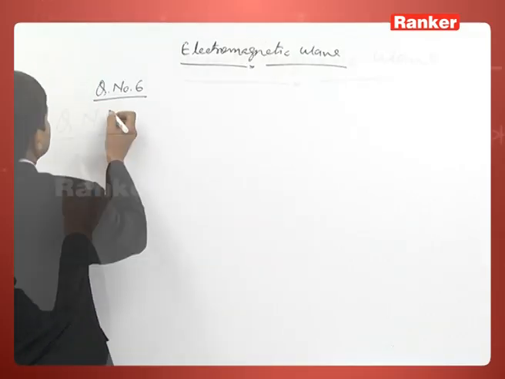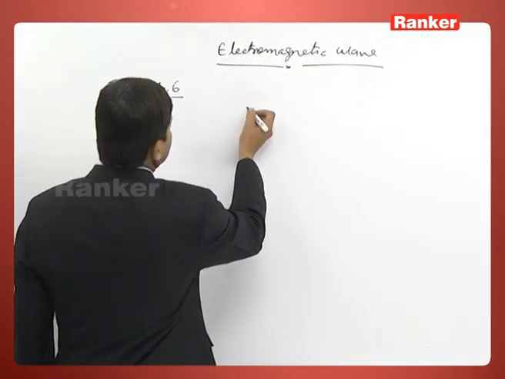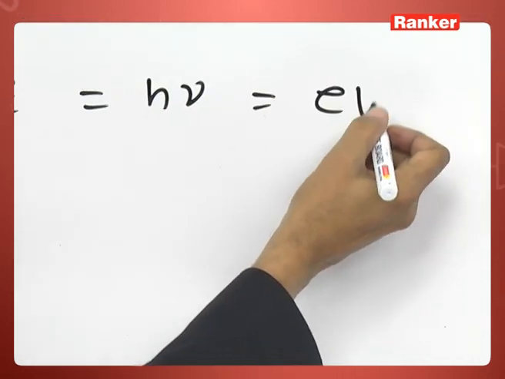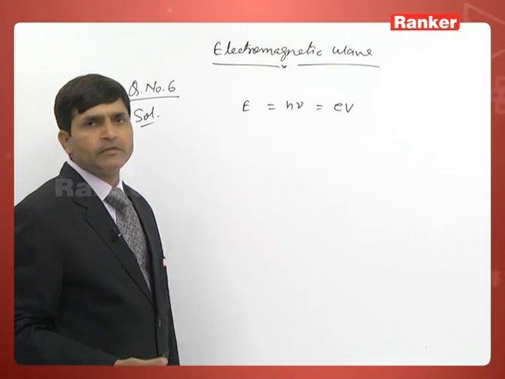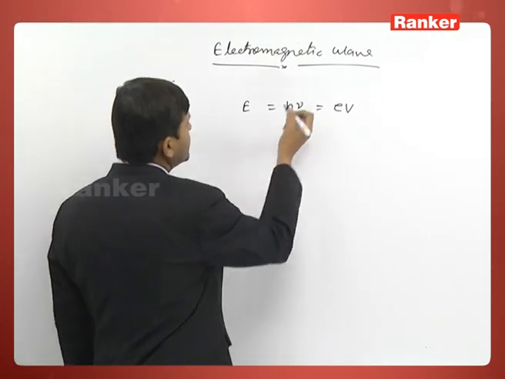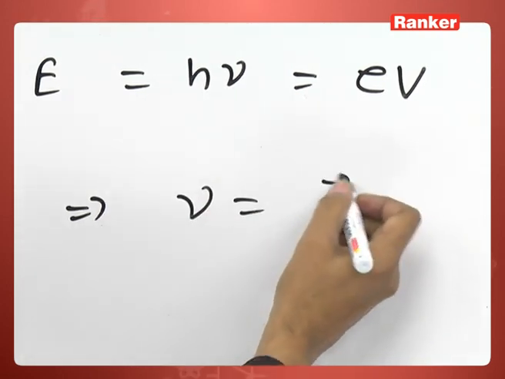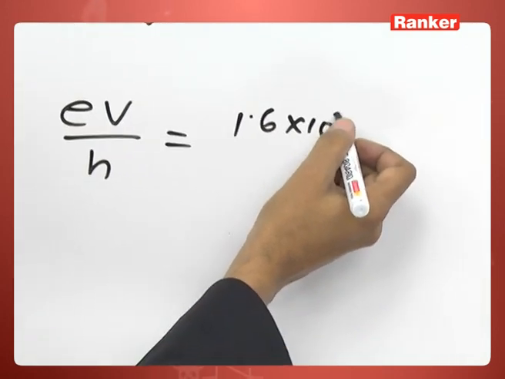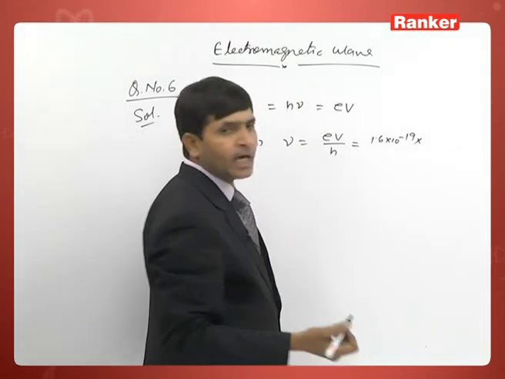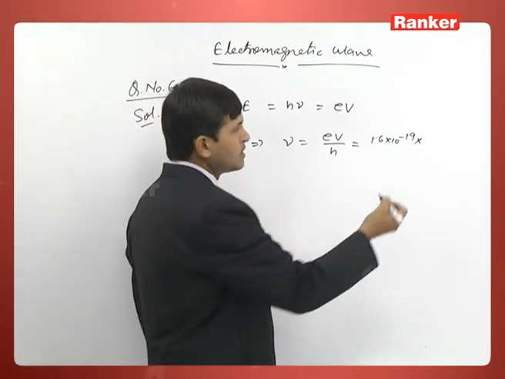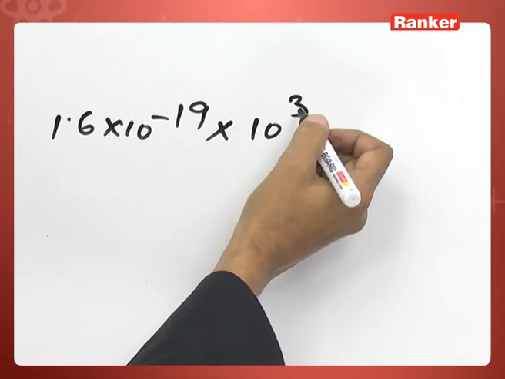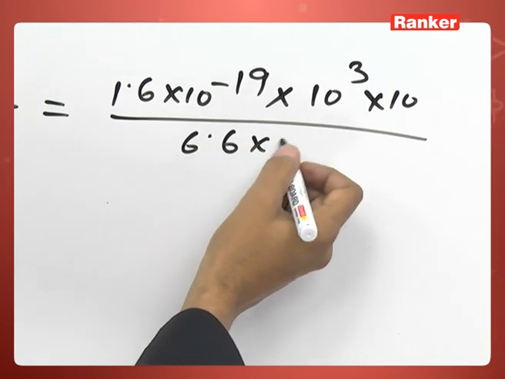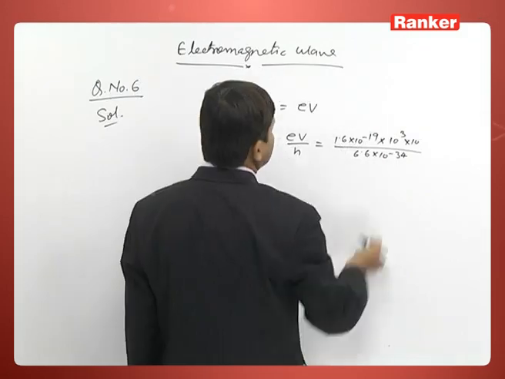See, the energy of the electron can be given as h nu, which is equal to eV. e is the charge of the electron, V is the applied potential, and nu is the frequency. The frequency is written as eV by h. h is the Planck constant. e is 1.6 into 10 power minus 19. Potential applied is given as 10 kilovolt, so 10 power 3 into 10, divided by Planck constant 6.6 into 10 power minus 34.